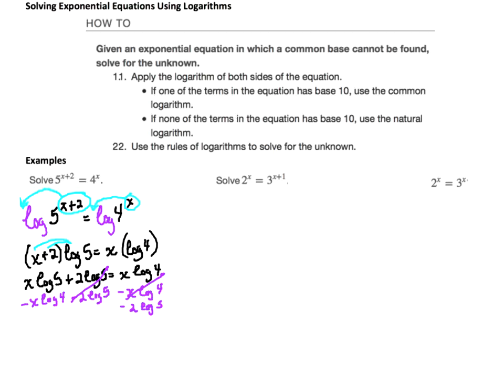So on the left-hand side, I have x log 5 minus x log 4 equals negative 2 log 5. I'm going to need to give myself a clean page to finish working this problem. I did not plan this room very well in here, so I'm going to take a picture, open up a new page, paste it here, and we'll continue.